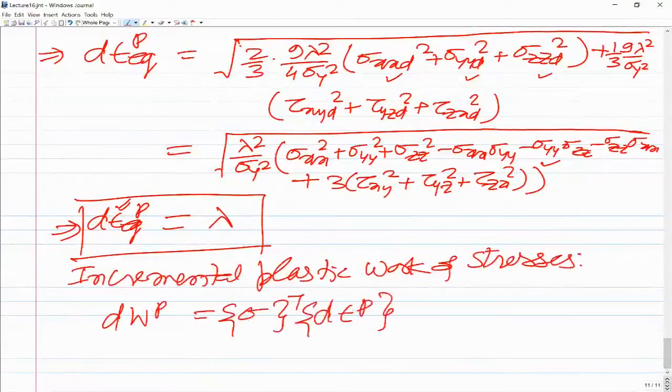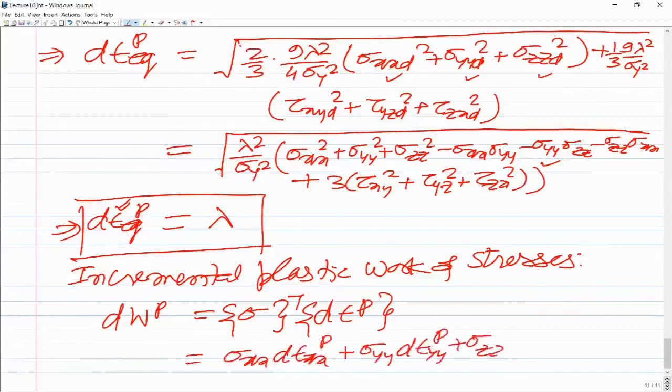And now if you substitute the values, you can say this is nothing but sigma xx into d of epsilon xxp plus sigma yy into d of epsilon yyp plus sigma zz into d of epsilon zzp plus the other terms like tau xy into d of gamma xyp and so on, the two more terms we have already discussed.